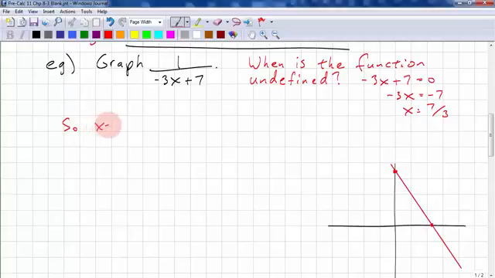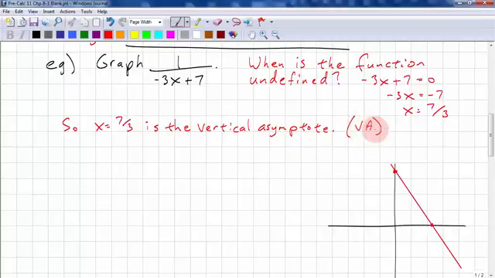So x equals 7 over 3 is the vertical asymptote. That's a lot to write, so we can abbreviate this as VA.